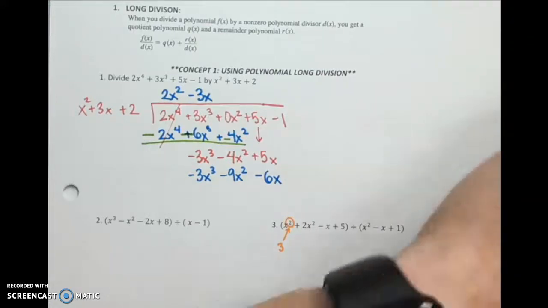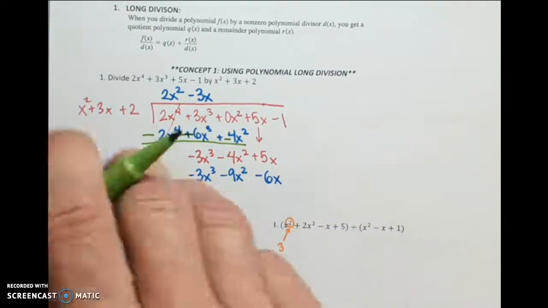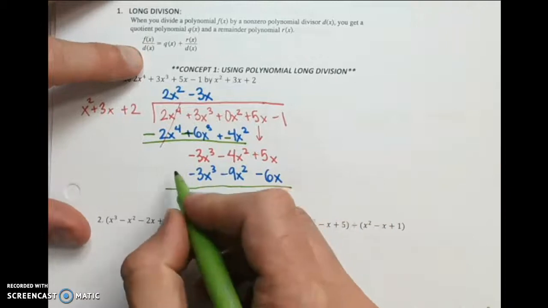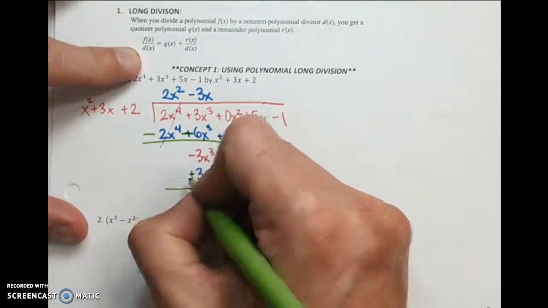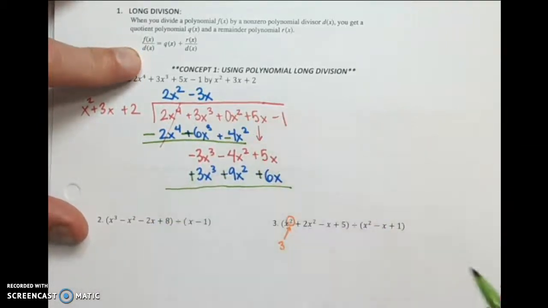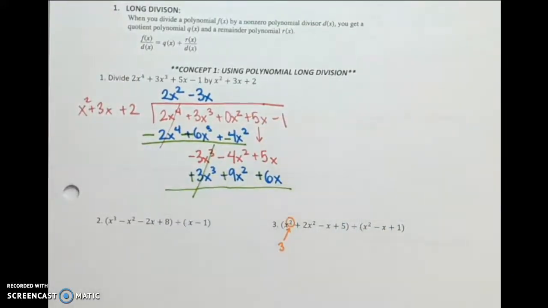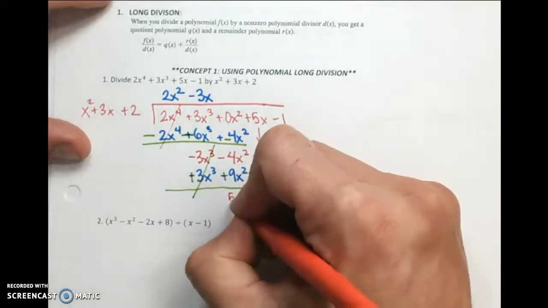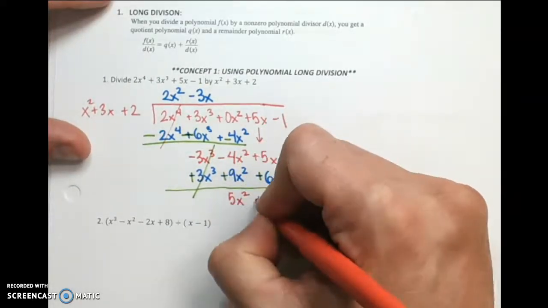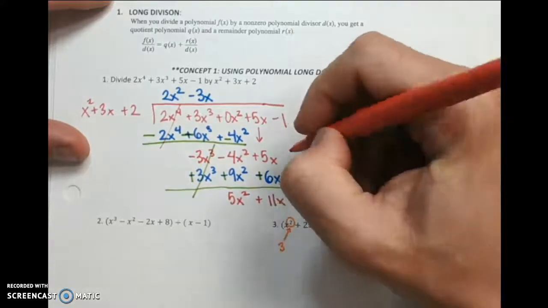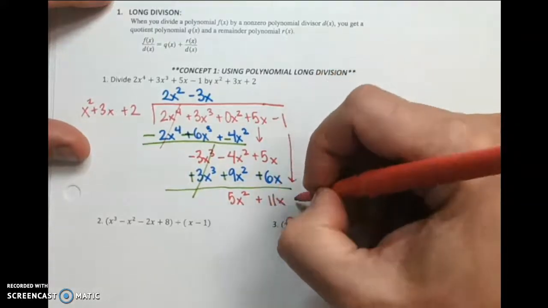Don't forget to multiply negative 1 to everything when we subtract a polynomial, so that becomes positive, positive, and positive. That again cancels out the first term. What is left? 5x squared plus 11x, and then again I bring down my negative 1.